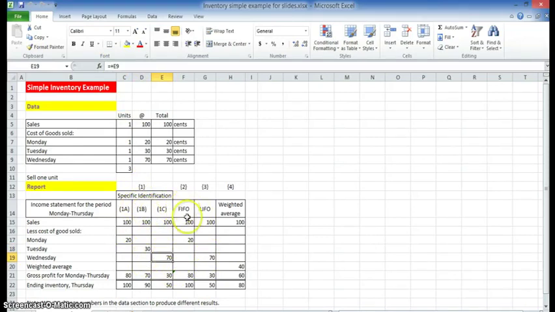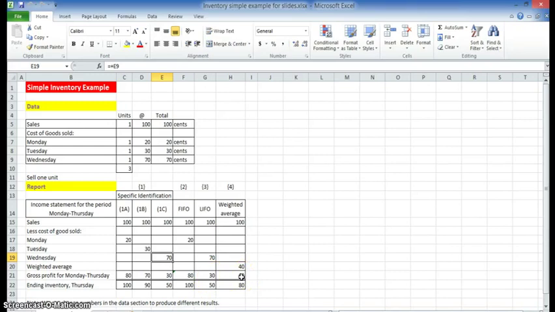Here we have FIFO, so therefore with FIFO we have the selling price. We have the Monday one with FIFO, that's a Monday one that we sell, so therefore the gross profit is 80 cents. We worked this out in our heads a little moment ago. With LIFO we have a gross profit for that period of time, because we sell the Wednesday one, so we have gross profit of 30 cents. And the weighted average, you should have worked this out in your head as well.